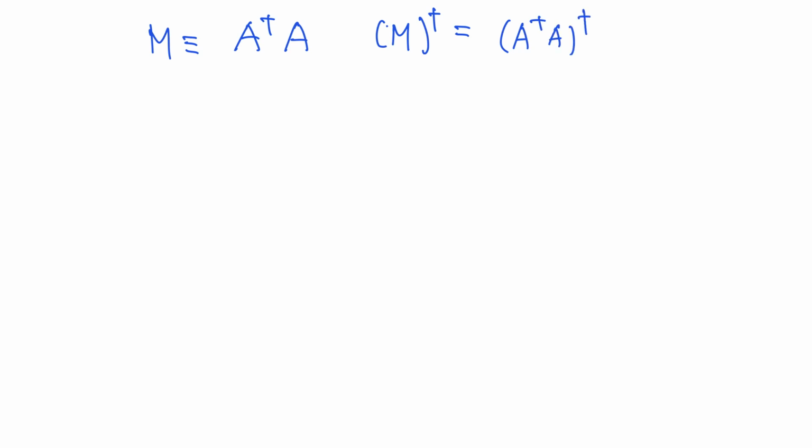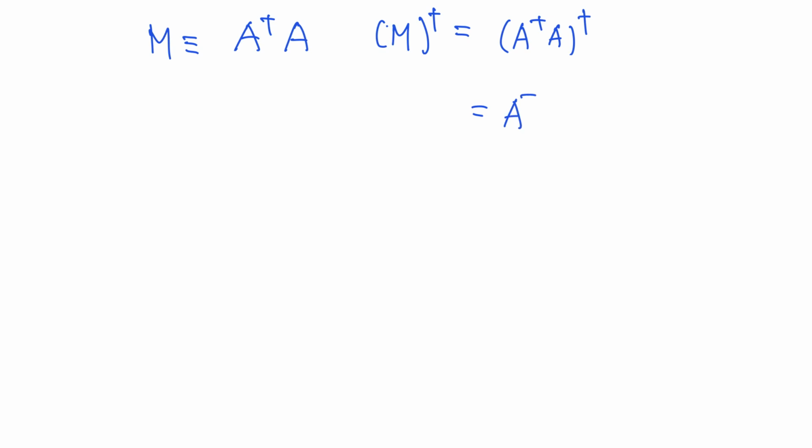So we define M as A dagger A. If you take the adjoint of M, what happens? A dagger A adjoint: you change the order, right?